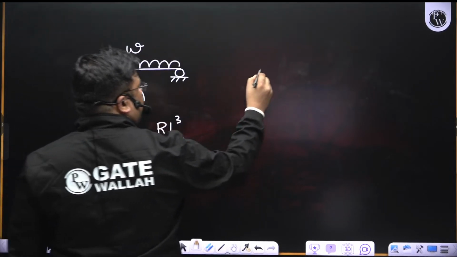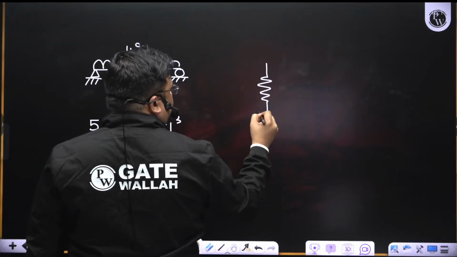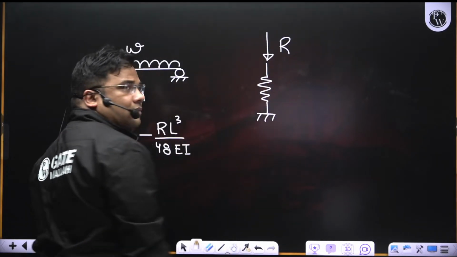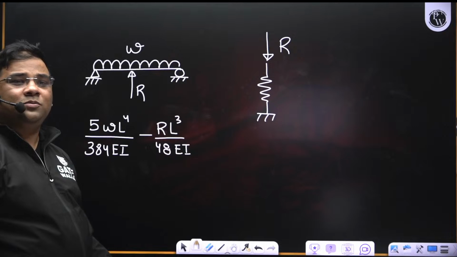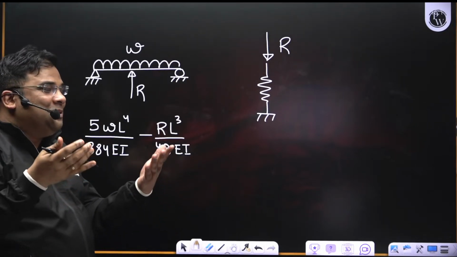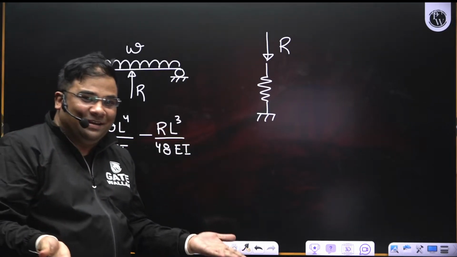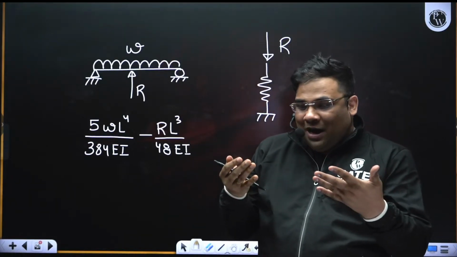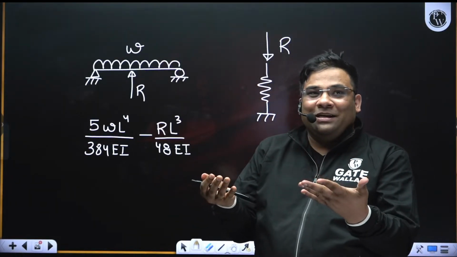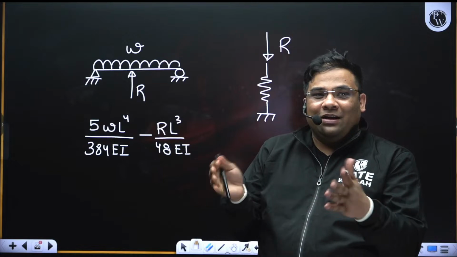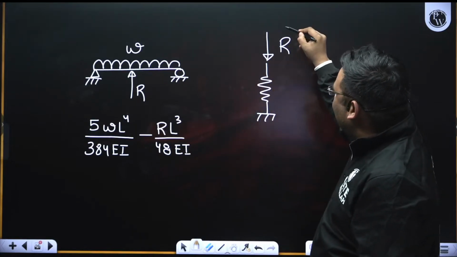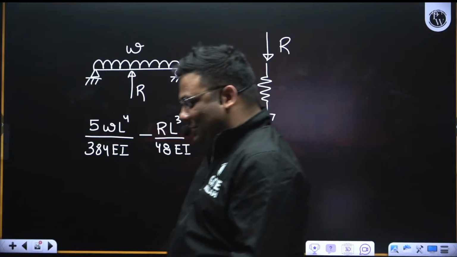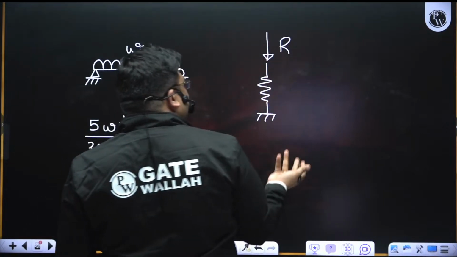Now for the spring, if I draw, there is reaction force R. How does the spring know where the load is acting? For the spring only R is acting.